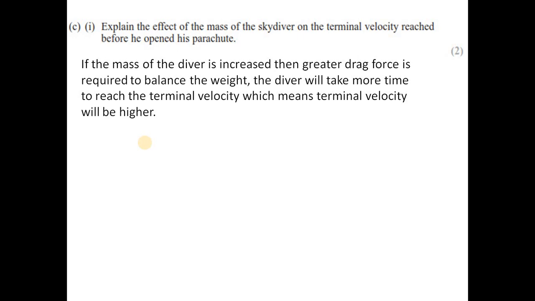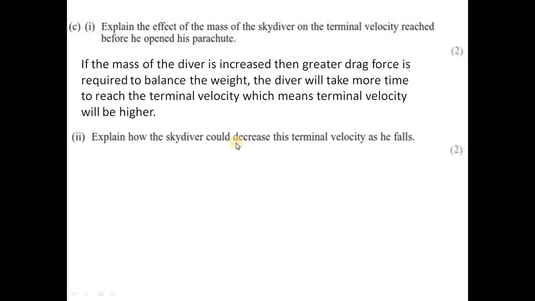So if the mass of the diver is increased, then greater drag force is required to balance or cancel the weight effect, the diver will take more time to reach terminal velocity. That means terminal velocity would be higher.